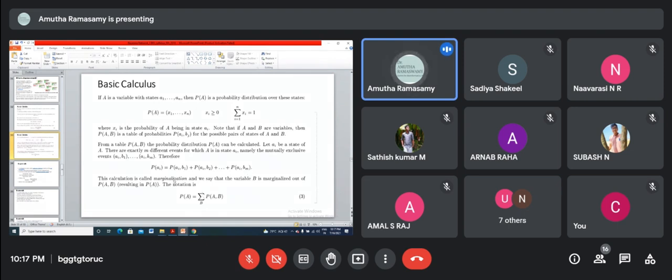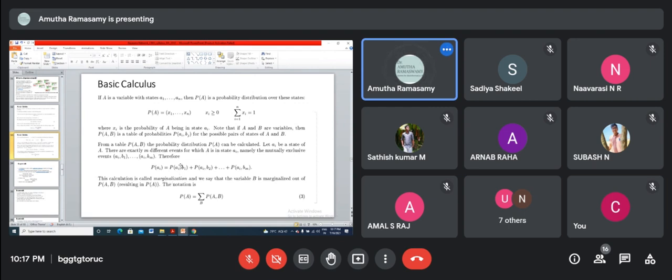So the notation is P of A equals the sum over all the B variables, keeping this AI as an independent state. So your summation goes along with B, and you have P of A comma B. You understand? This is factorization, or we can say it's a marginalization.